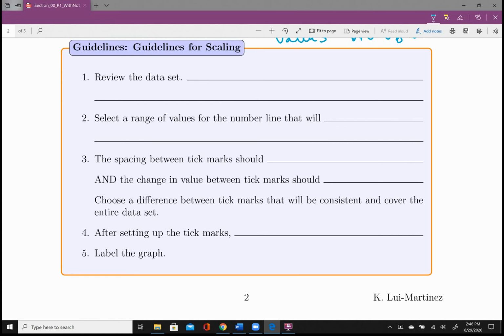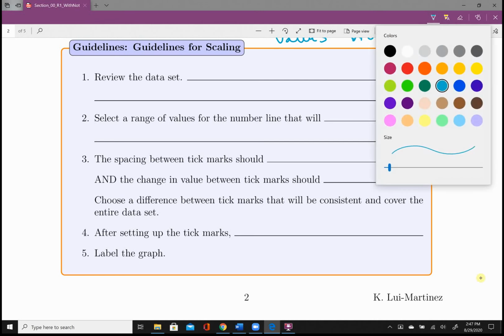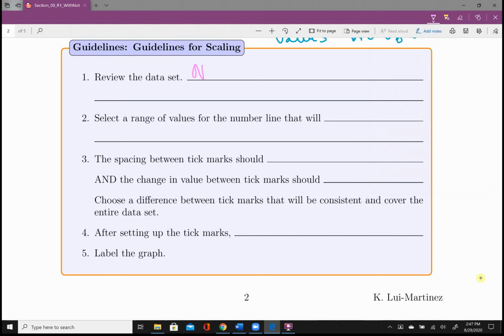The first thing that you want to do when you have a data set and you're figuring out how to draw a number line to capture all of the data is to note the largest and smallest values.